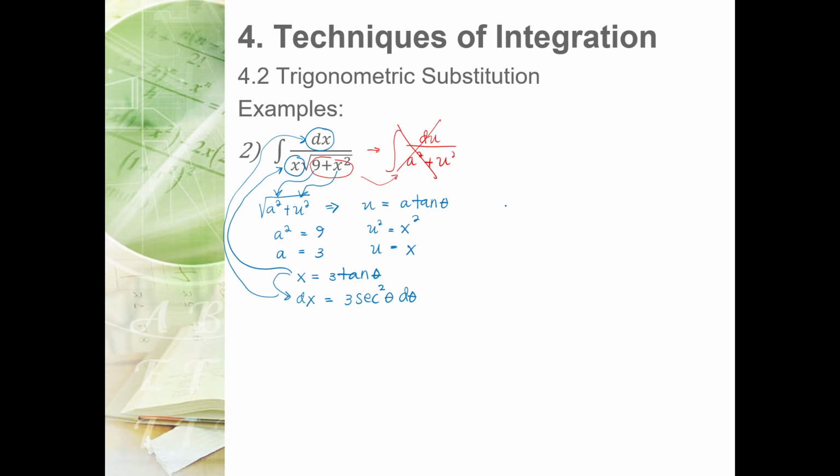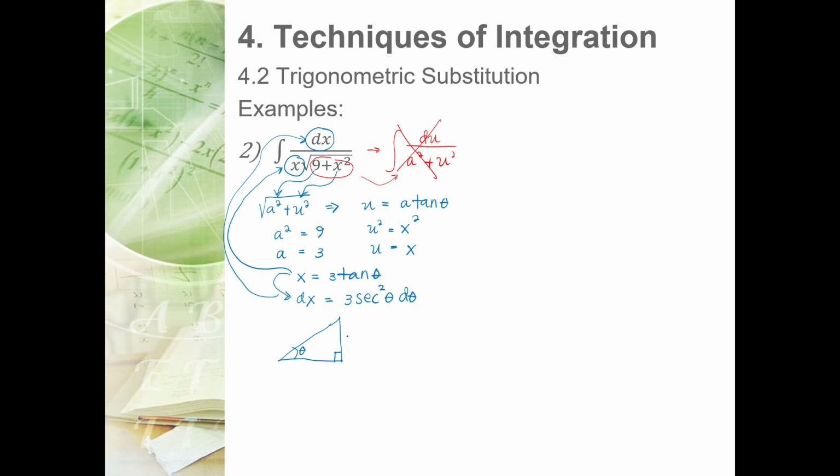What's left for us to replace is the square root function, which is the square root of 9 plus x squared. So we draw a right triangle. This will be our theta. Since we are utilizing the tangent function as per the formula, we have the opposite side and the adjacent side.